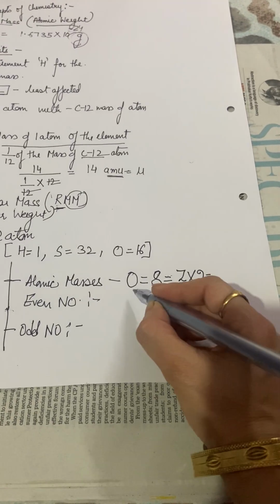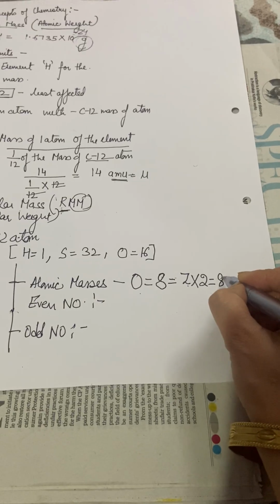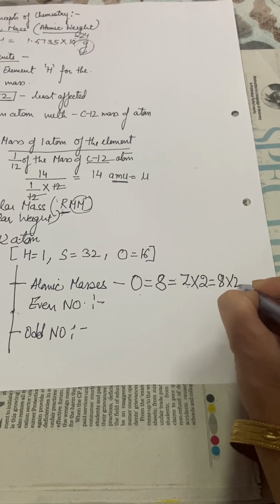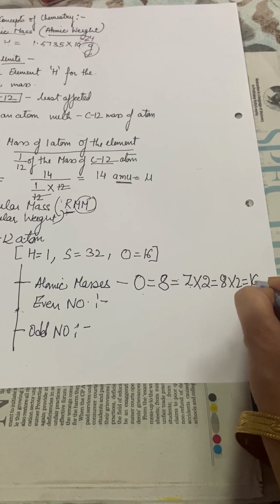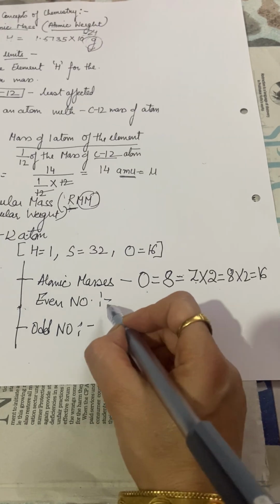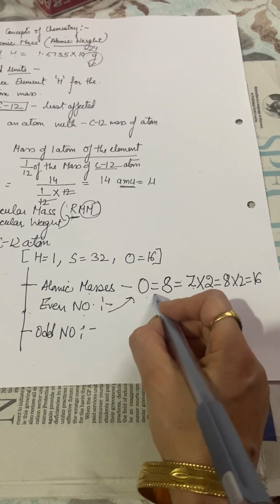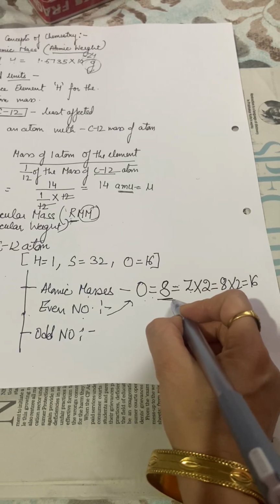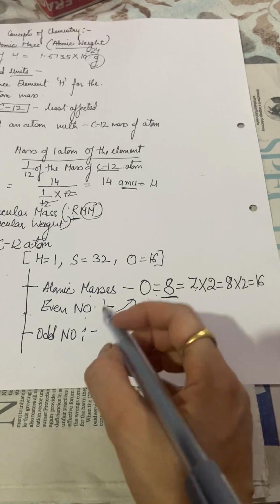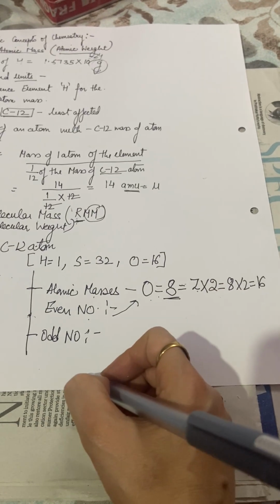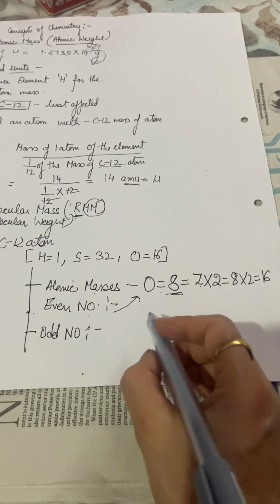The Z of oxygen is 8. 8 twos are how much? 16. Right? This is the concept when an element has an even atomic number.